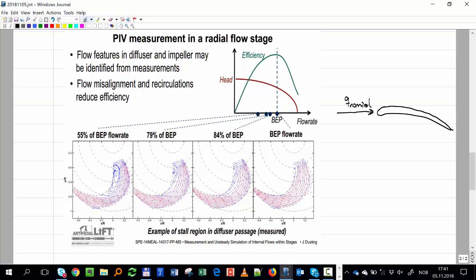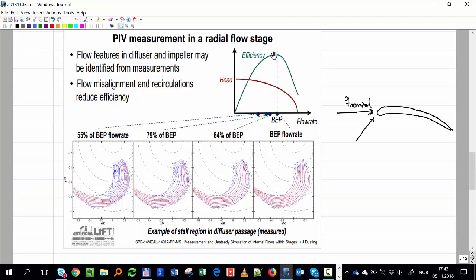Now when the rate is smaller, you start impinging into this channel at a different angle. You see that it starts to form some eddies, some swirls on this side, and on this side, and here they increase.